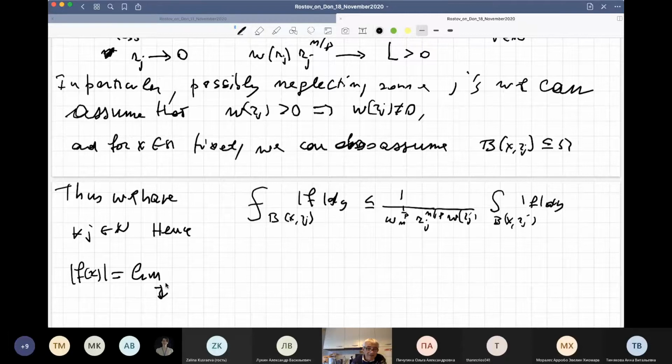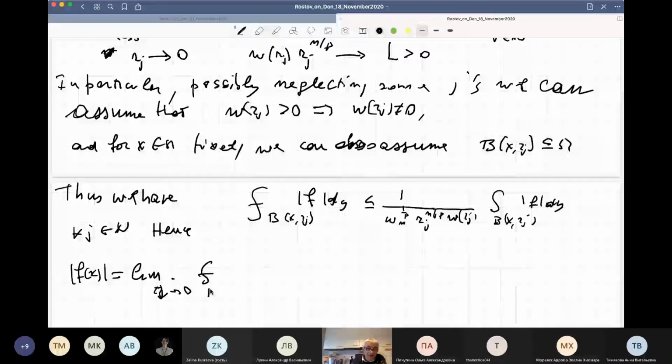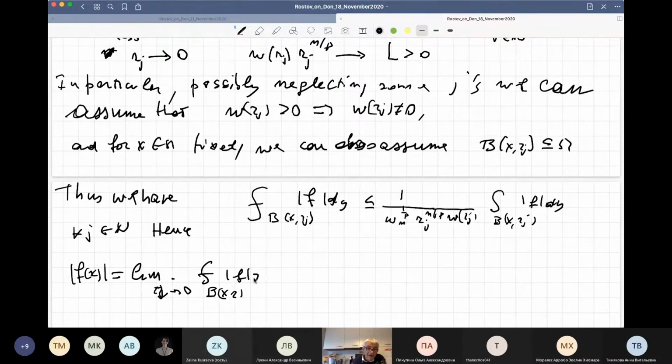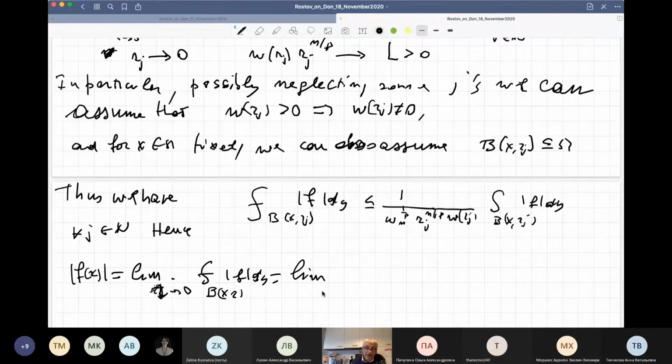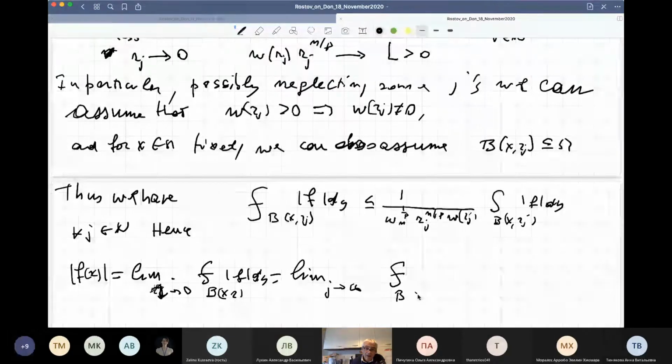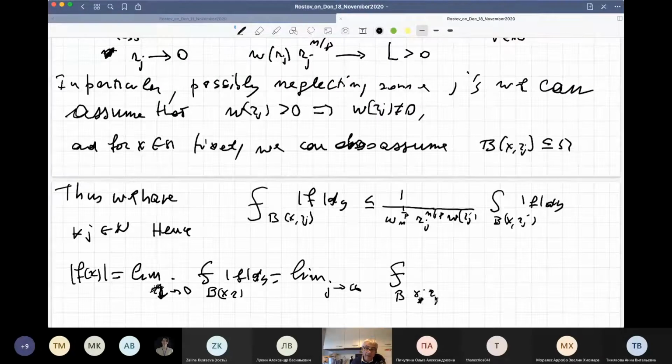Or let's go step by step. Okay, this is a limit in the variable r, right? So we can replace r by rj, right? Sorry, x comma rj.